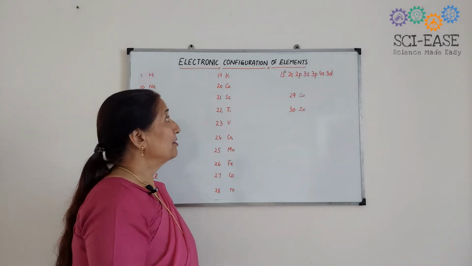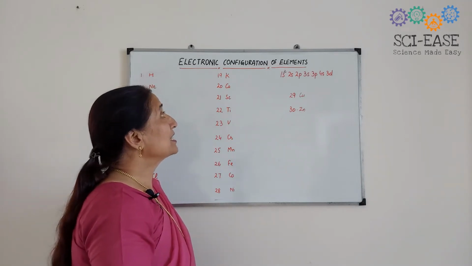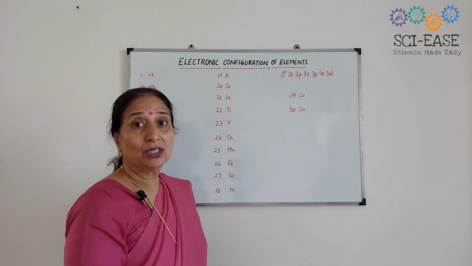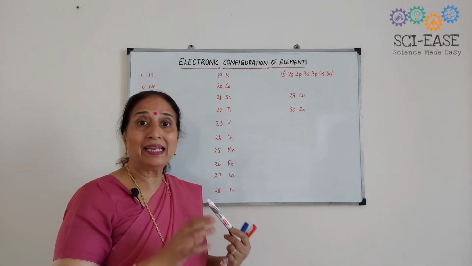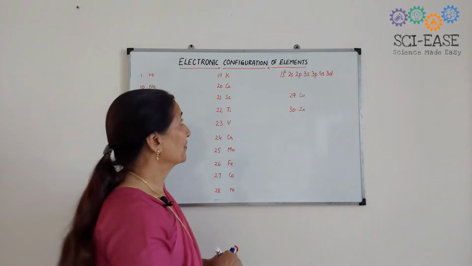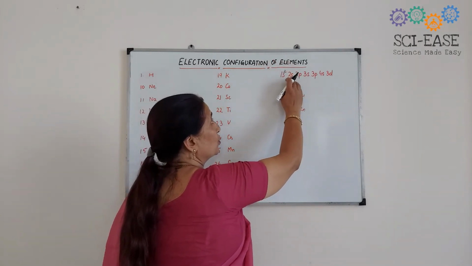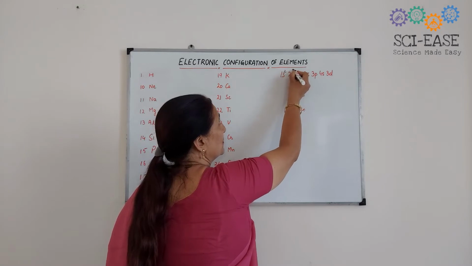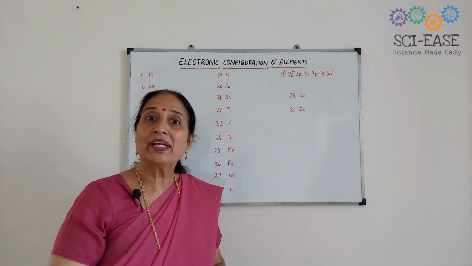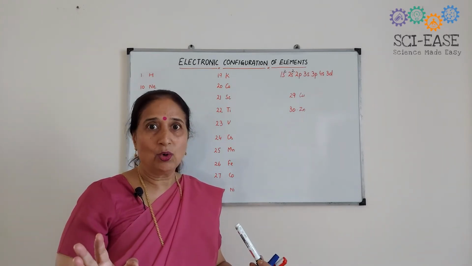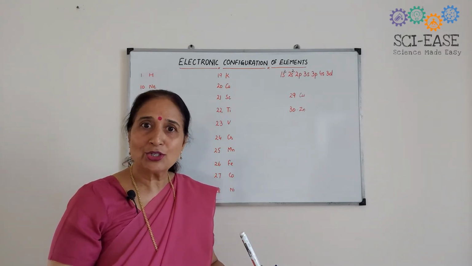Then we did Pauli exclusion principle. There we studied that the maximum number of electrons which an orbital can have is 2. So s will have 2, 2s again 2. In p subshell, there are 3 orbitals, and the maximum number of electrons in each orbital is 2.